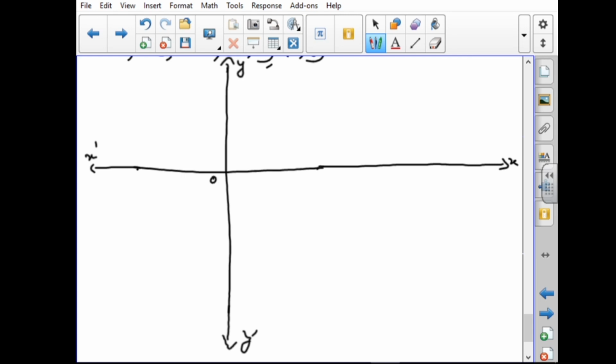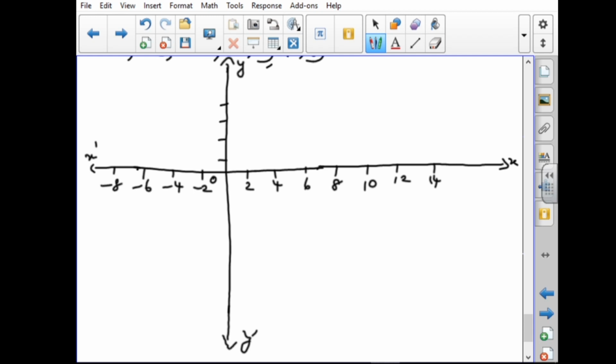You have to take 1 unit or 2 units, that is no problem. Now I am going to take here 2 units: 2, 4, 6, 8, 10, 12, 14, like that. Here also minus 2, minus 4, minus 6, minus 8.